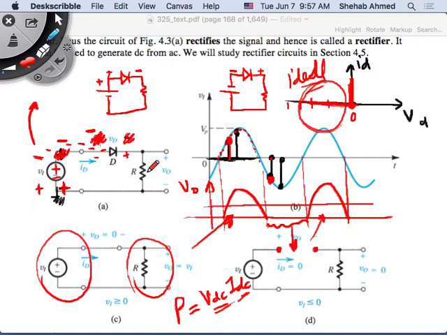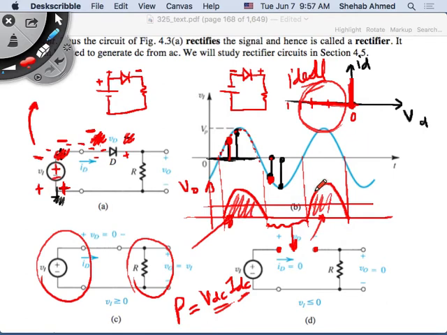With AC it can't. It will just be jumping back and forth because there's no average value of voltage and current. Okay, so this produced a waveform with average value.